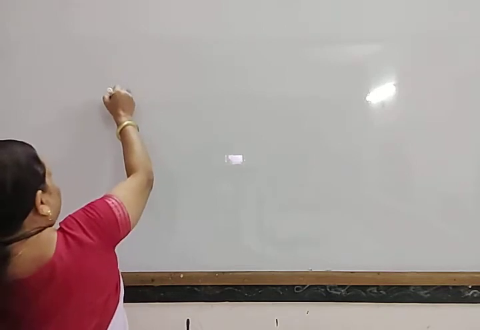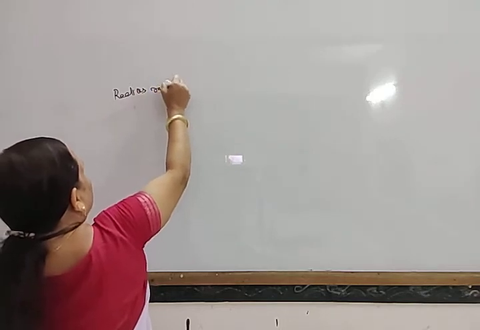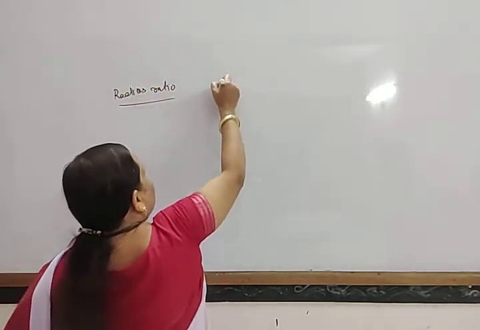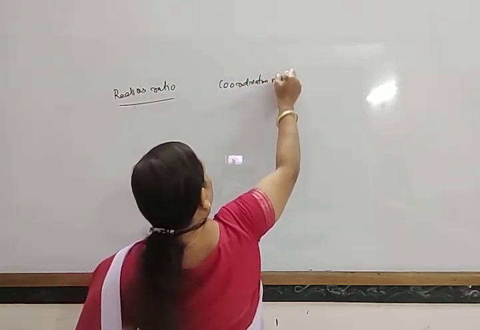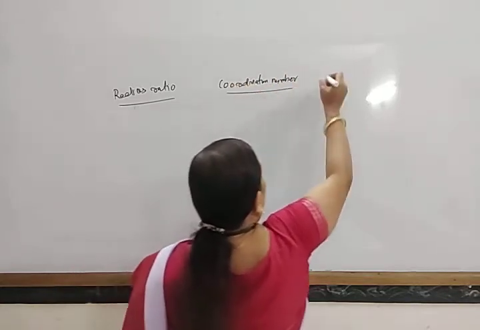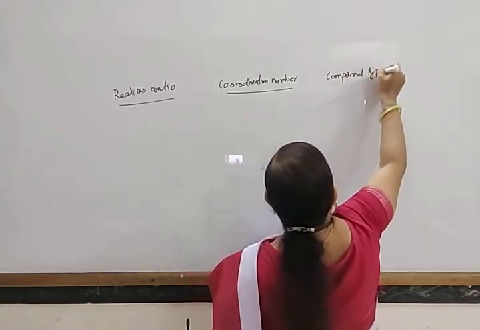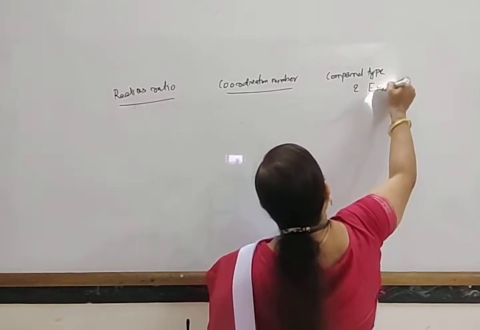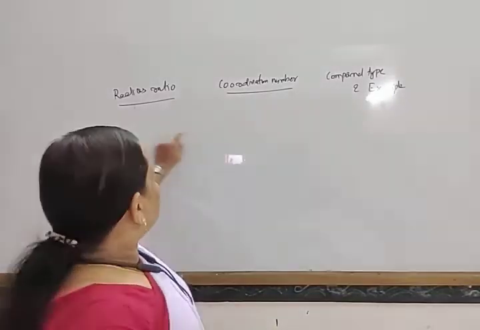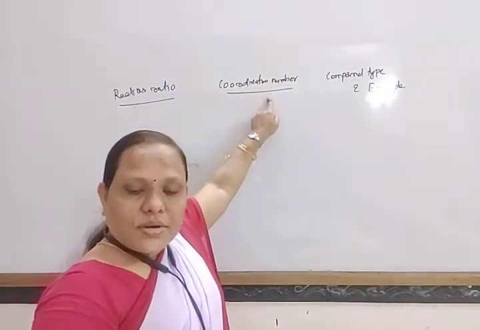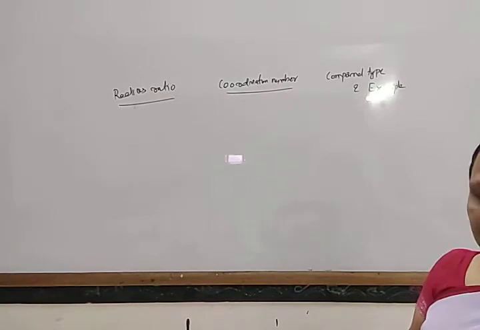So first radius ratio, coordination number, then compound type and examples. Let us consider one by one.